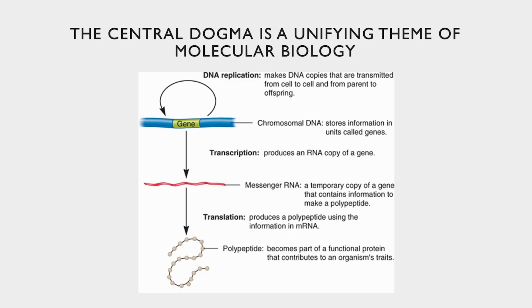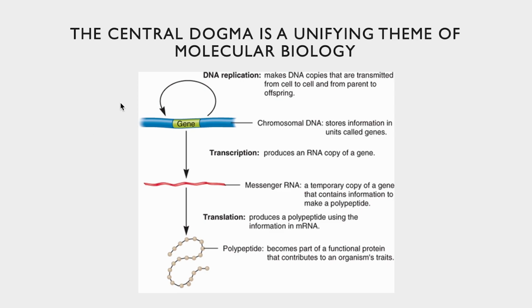Now, there is a law in biology that we call the central dogma of molecular biology, which is described as the unifying theme of molecular biology. It simply represents how the genetic information flows in a cell.